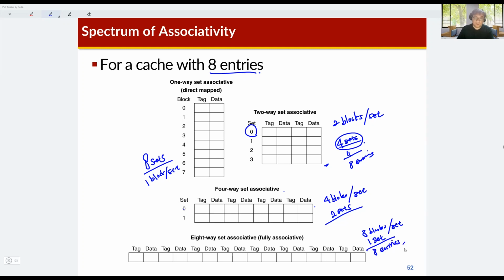Okay, so the direct mapped cache is here, it's one-way, and then this is the n-way set associative cache, and the fully associative cache is the extreme case.